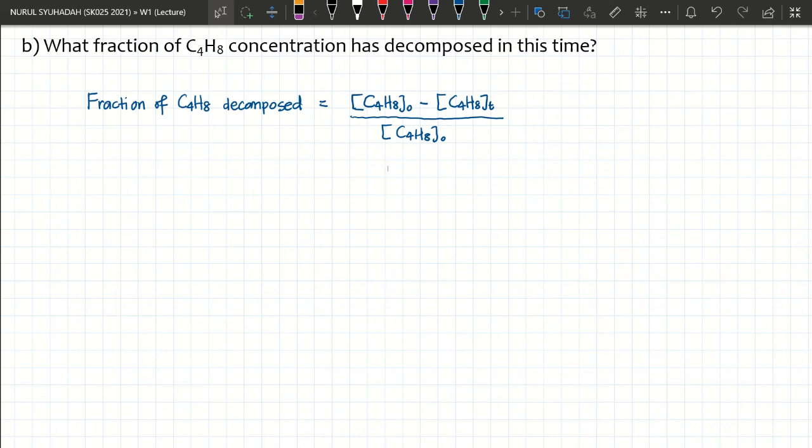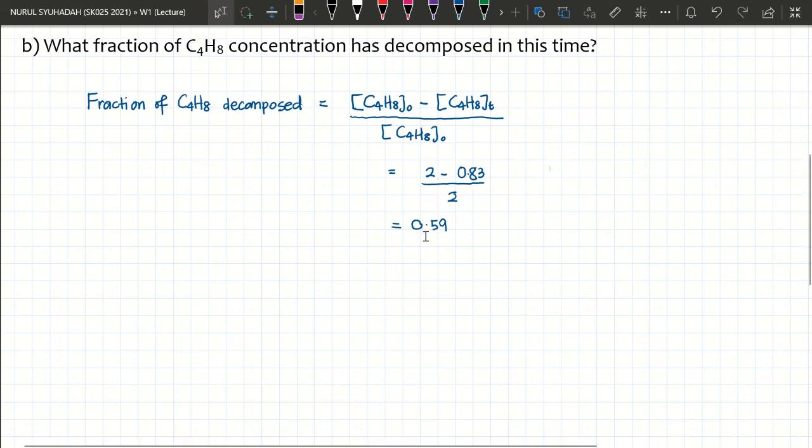So the fraction of cyclobutane decomposed can be written as the initial concentration minus the concentration at the time given, 0.01 second, over the initial concentration. We just need to substitute all the information that we already have. Substitute all values, and we will get the fraction as 0.59.